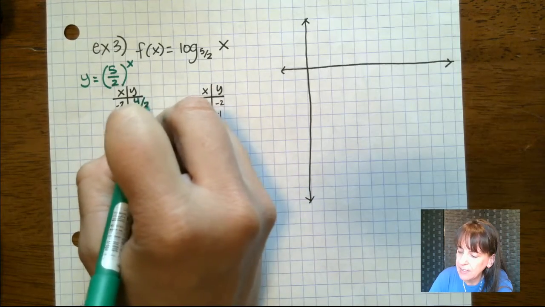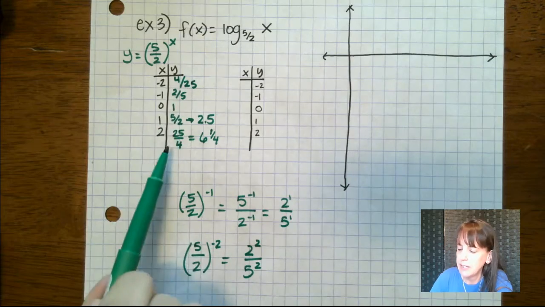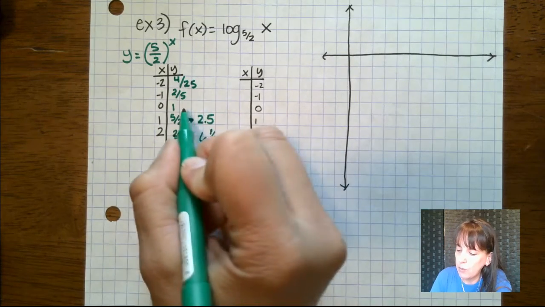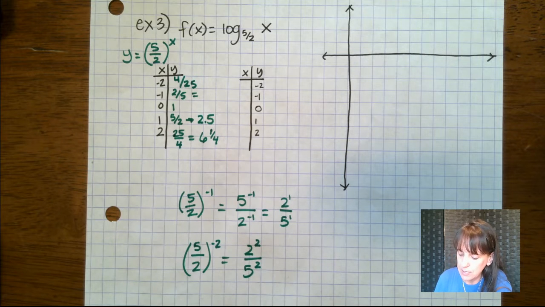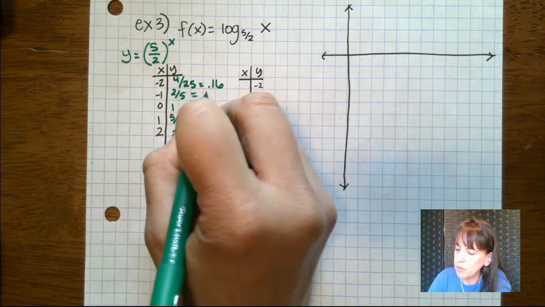And again, you see these patterns: this is 5 over 2, this is 2 over 5, this is 25 over 4, and this is 4 over 25. So when we do 4 divided by 25, that's going to give us 0.16. And then 2 divided by 5 will give us 0.4.